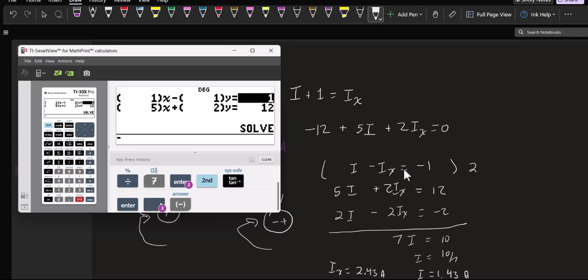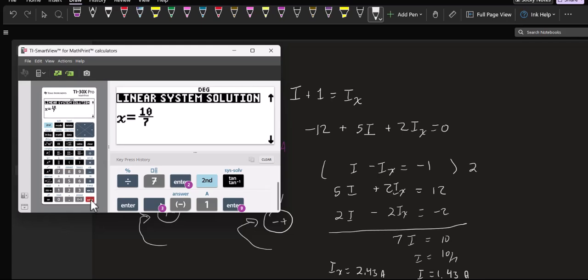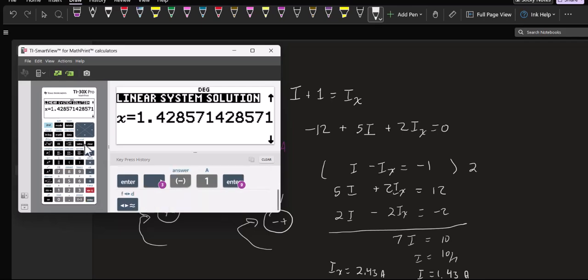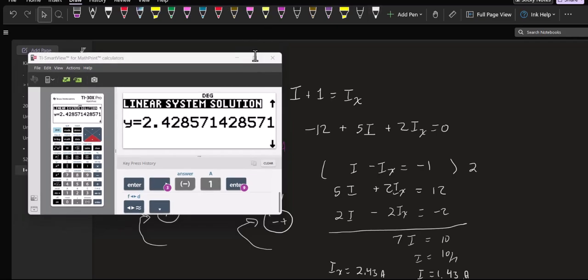See, I minus IX equals negative 1. 5I plus 2IX equals 12. X equals 10/7, or 1.43, and Y is 2.43. Okay, so now let's look at it another way.